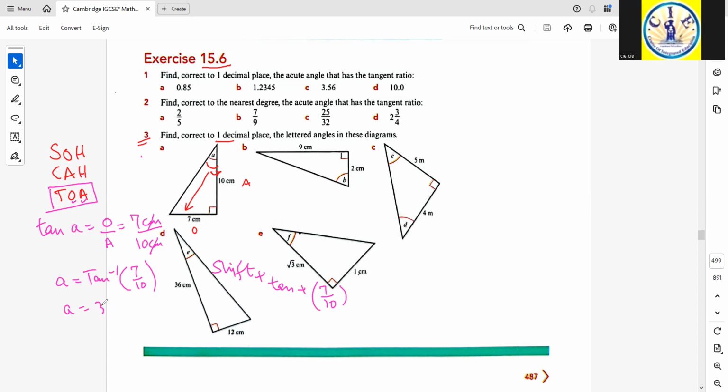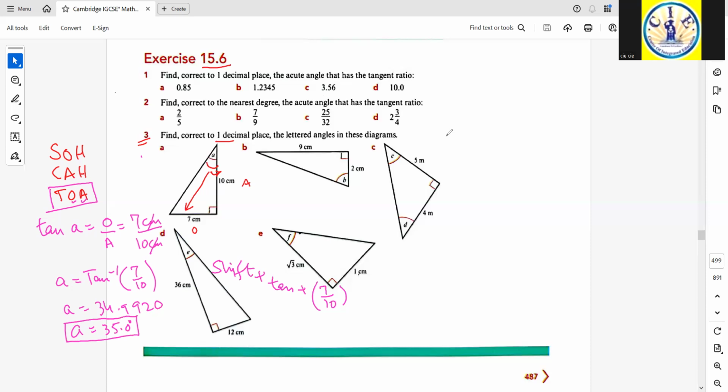A equals 34.9920. Since we need to have the answer of the angle to one decimal place, that is why it is going to be recorded as 35.0 degrees.